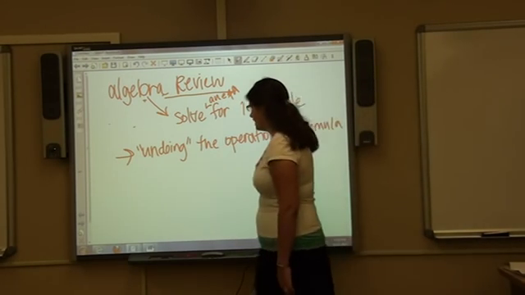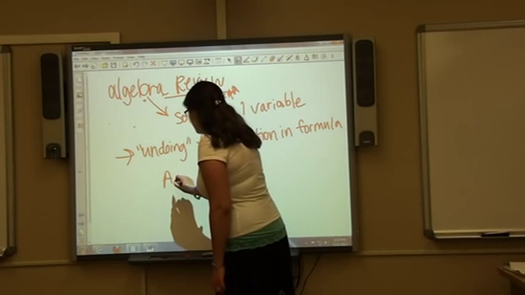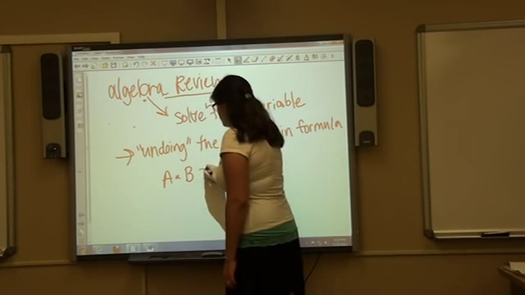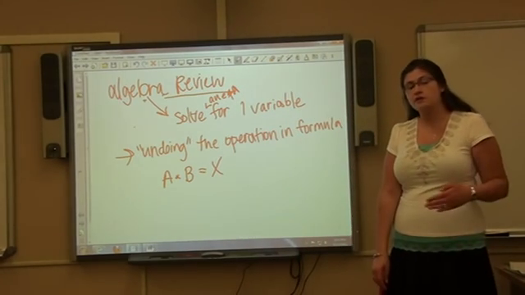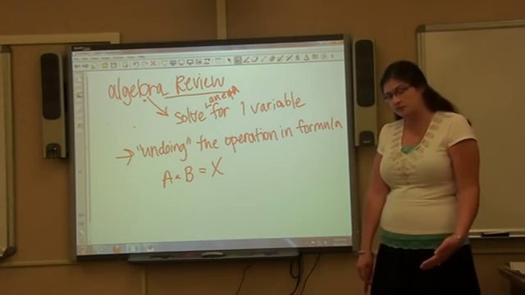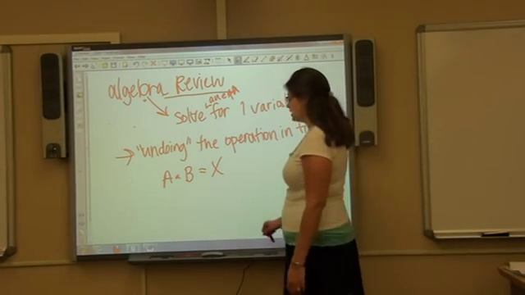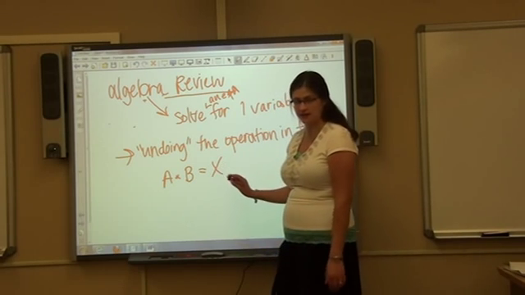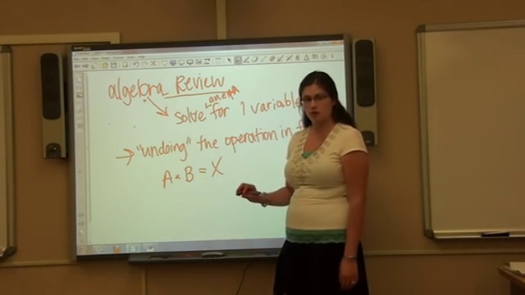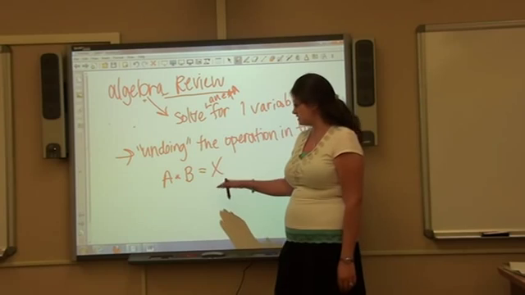So if I have A times B equals X, and I always want to solve for X, I'm going to make sure that in my equation I always have X by itself. Okay, well in this case, X is by itself.